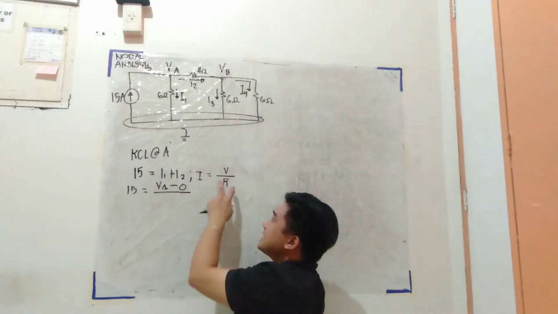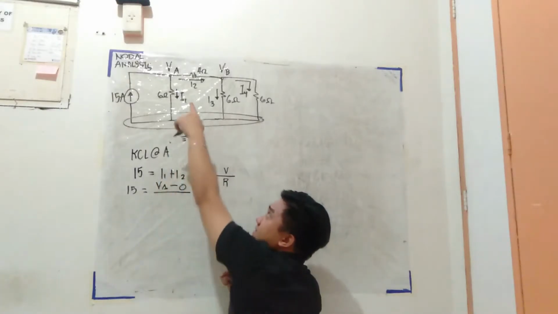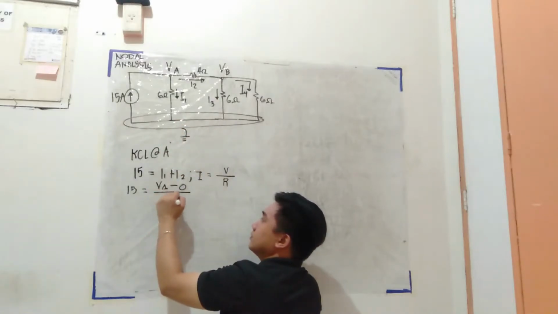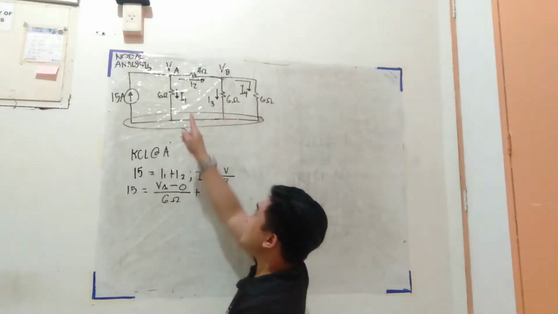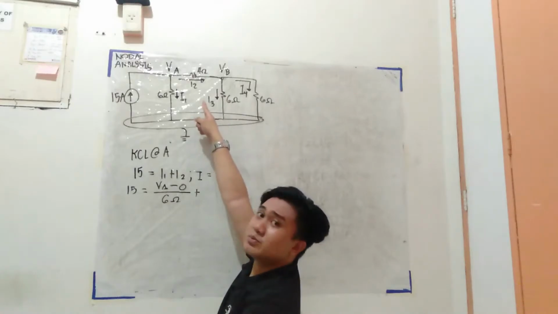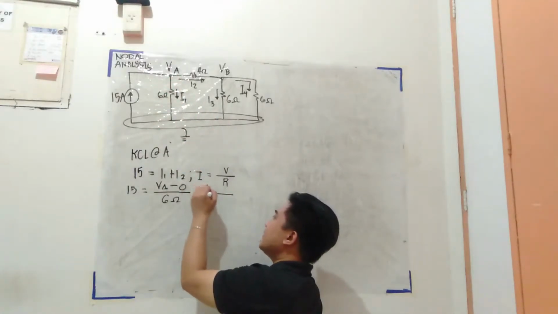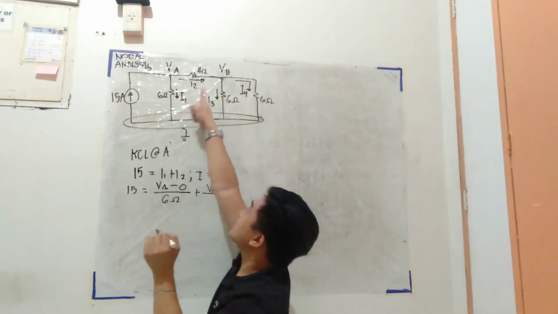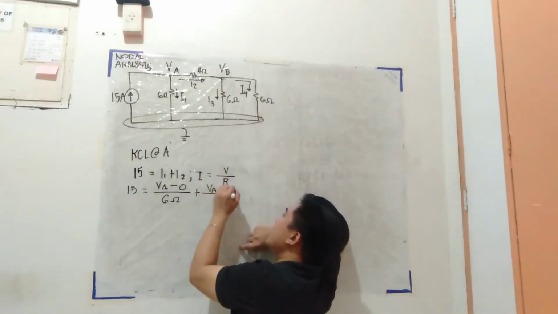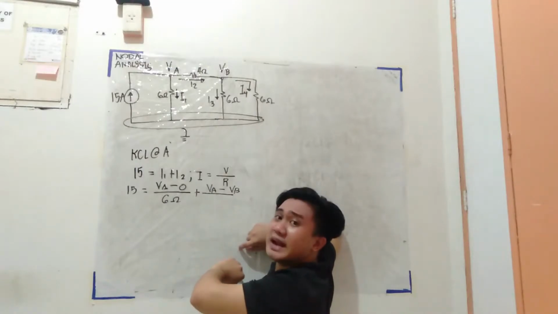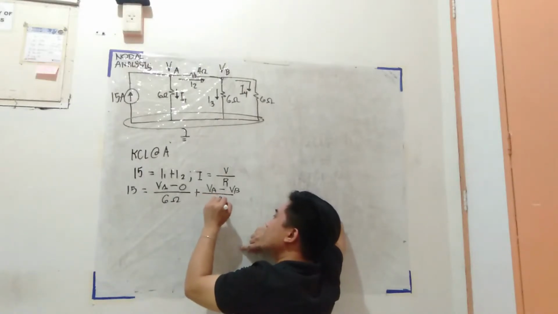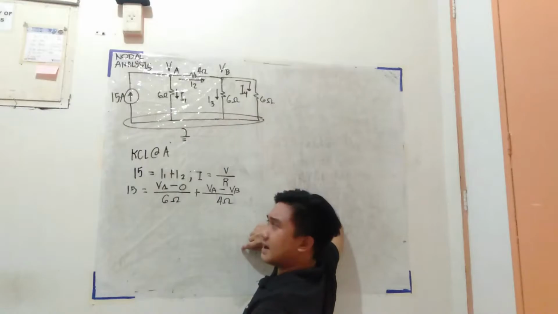And then, over the resistance na daanan natin, which is 6 ohm. And then, analyze mo naman si I2. Si I2 kanina nagsimula kay nodal voltage VA. So, that is VA. Sa nagtapos kay VB. So, VA minus VB. Sinong dinaanan mong resistance? Si 4 ohms. So, ganun lang.